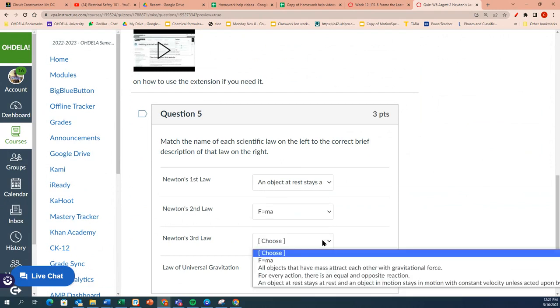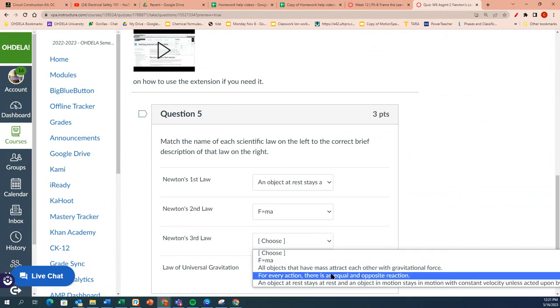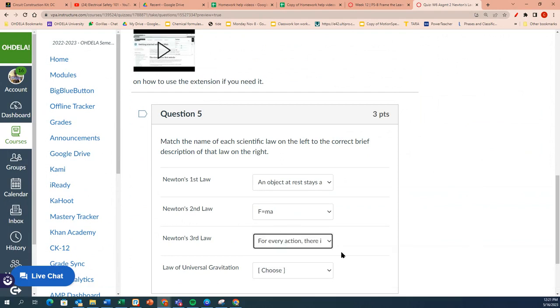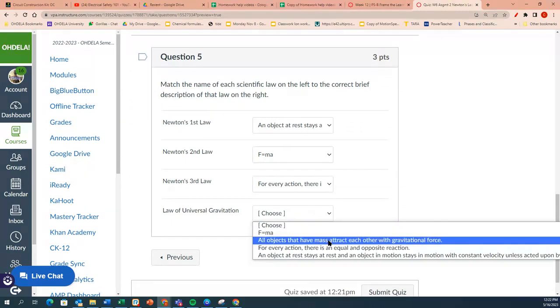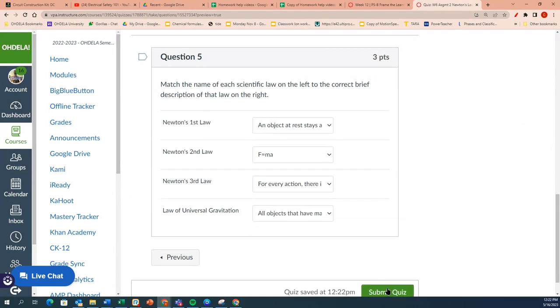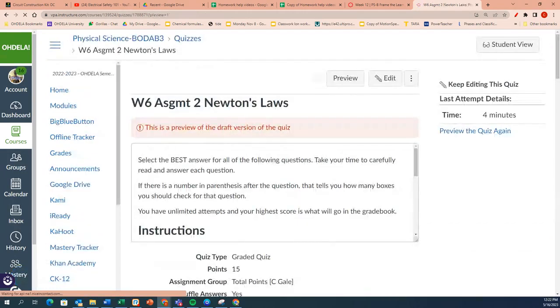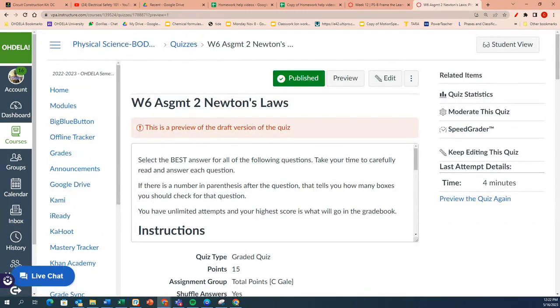Newton's third law, for every action there is an equal and opposite reaction. And we know that the law of gravitation says all objects that have mass attract each other with gravitational force. So the larger the mass, the more gravitational force. So that is it for worksheet 6.